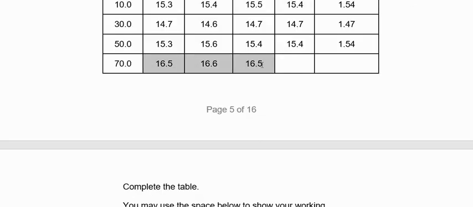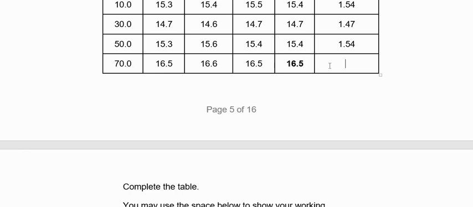So you need to add these numbers together and then divide by 3. You should quote it to 3 significant figures. So actually the answer is still 16.5. When you put it into a calculator, you'll get out 16.533 recurring, but round the answer.